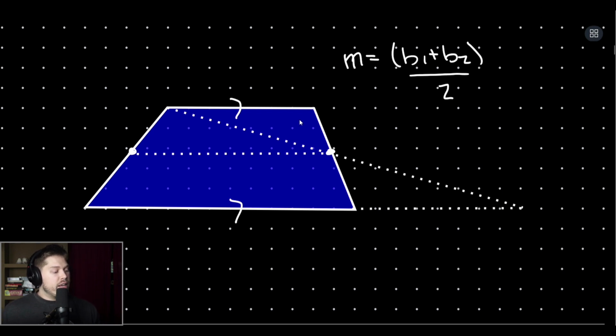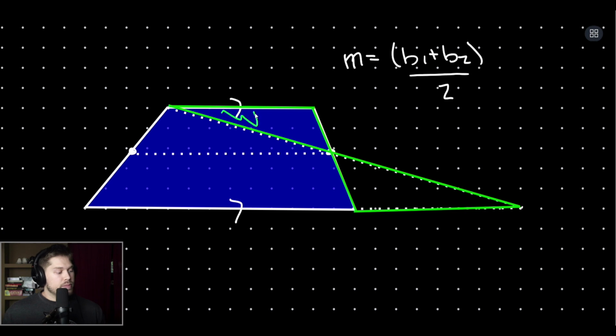And I hope you can see that we have two triangles here. I'm going to outline them in green, maybe make it a little easier to see. Let's pay attention to these green triangles.